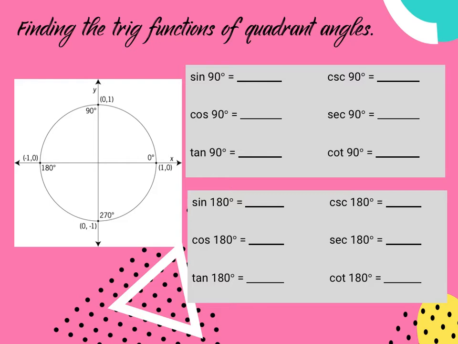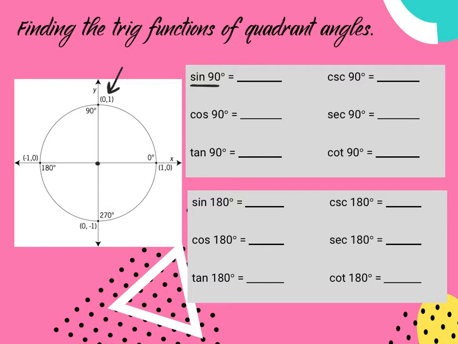Alright, so now we're going to think about applying the quadrant angles that we talked about on Thursday, and finding those trig functions. So look at sine of 90, for example. Where's 90 degrees on my circle? At the top. What's the coordinate point there? 0, 1.